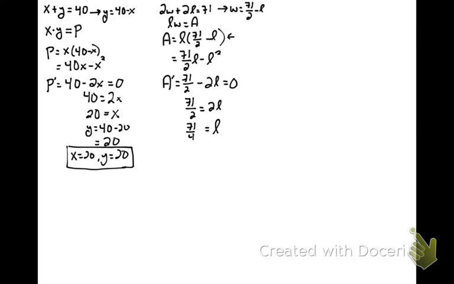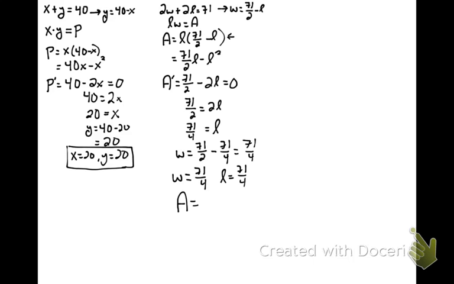And if the length is 71/4, then we can find the width, because the width is equal to 71/2 minus 71/4, and this also will equal 71/4. So the answer to the first question, what are the measurements? Well, they would be 71/4 for the width, and the length would be 71/4. The second question is, what is the actual area?